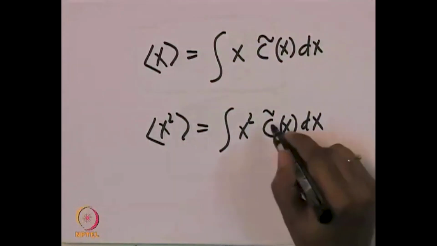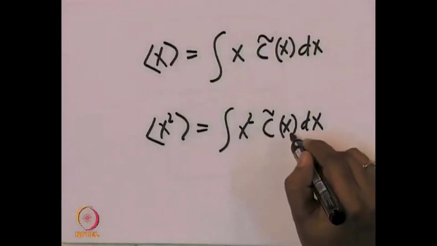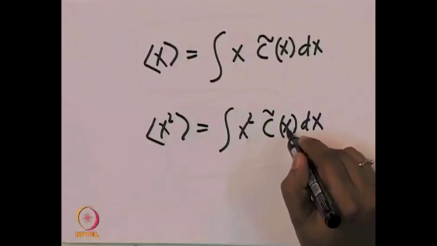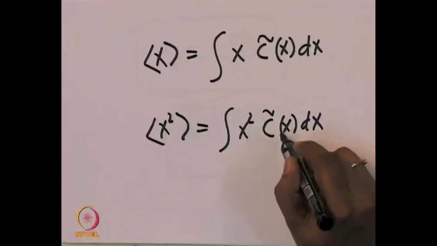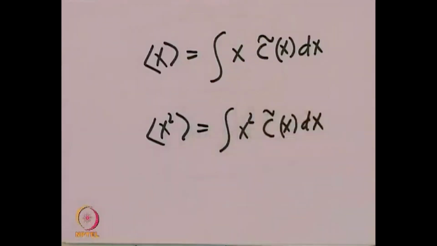So, the probability or the concentration at a particular distance can be defined in this way, and you can define the averages in this way.